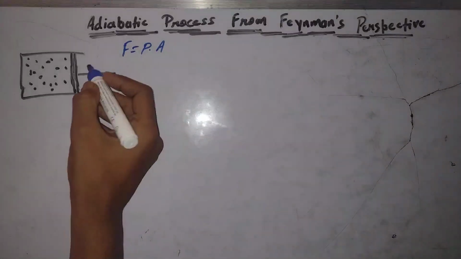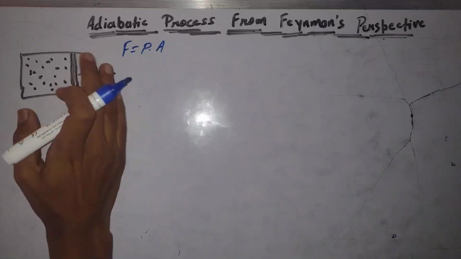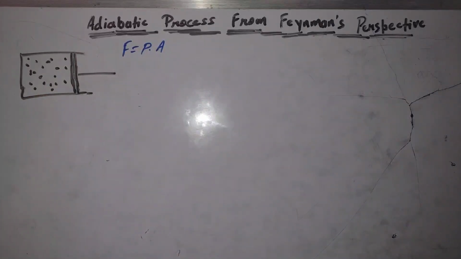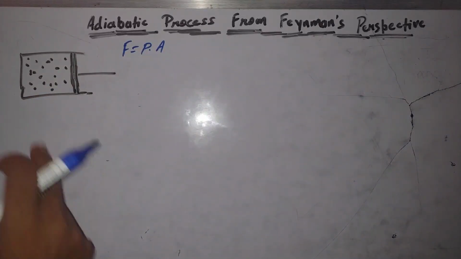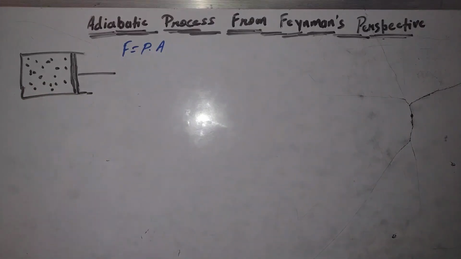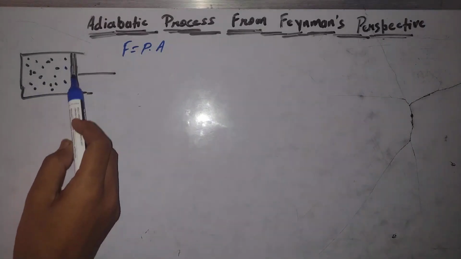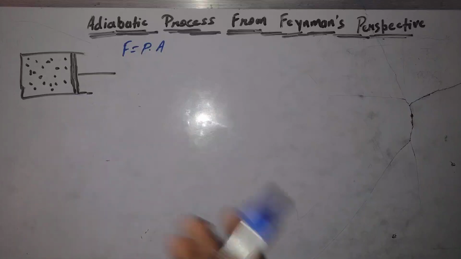So imagine that the area behind the piston is vacuum. Then with every collision the molecules make with this piston, the piston will accelerate. This piston will gain momentum, and we can say that the rate at which the piston picks up speed, or accelerates, is proportional to the force on it.